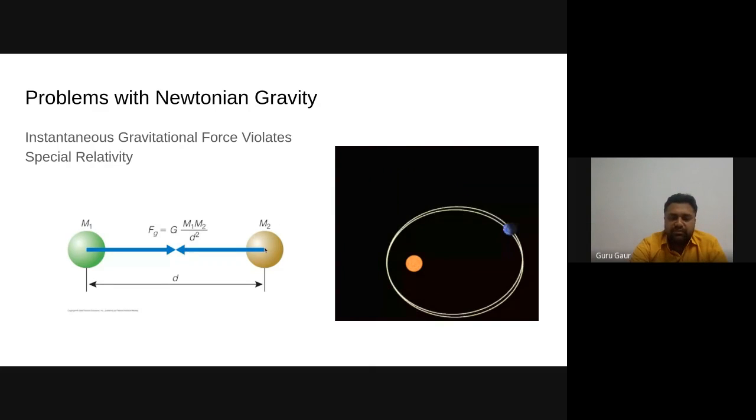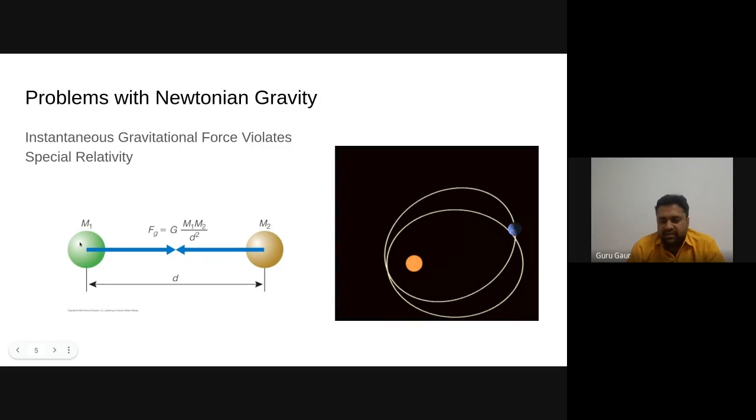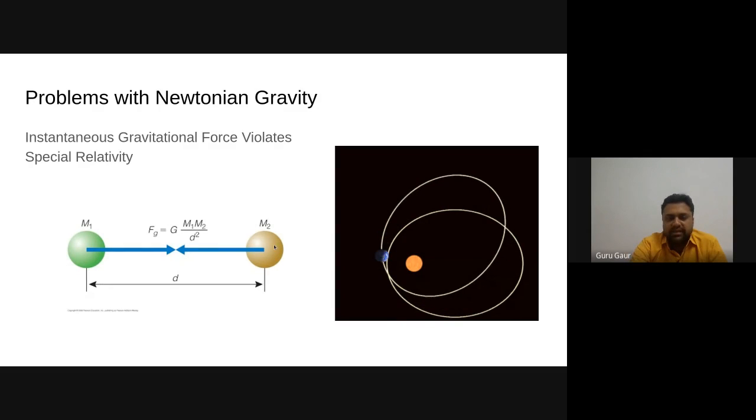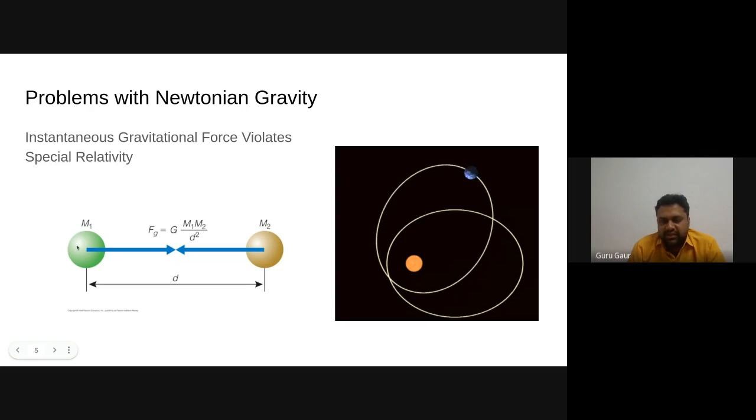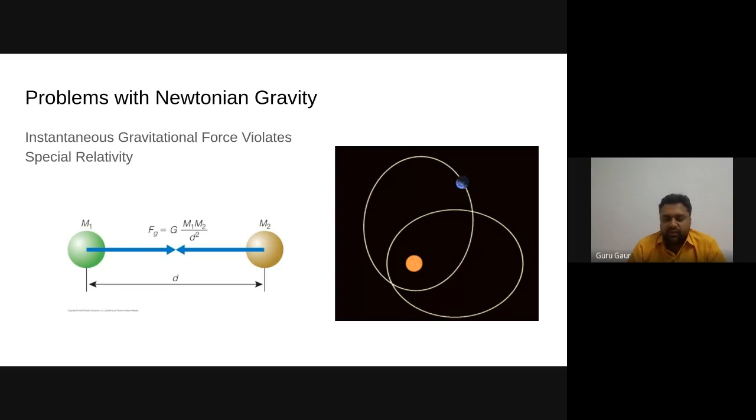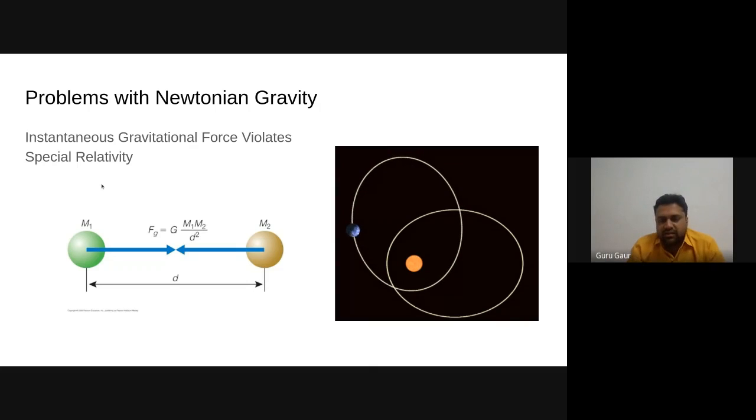Let's say M2 is our Sun and M1 is our Earth. Earth is rotating around the Sun. The moment I take out the Sun, the Earth should instantaneously know that there is no Sun, and it should not be experiencing any force at that very instant. And then it should start taking another path. It will not now go around the orbit.